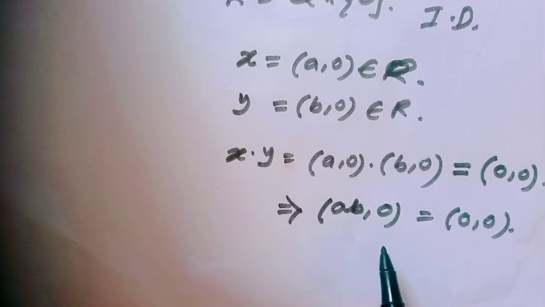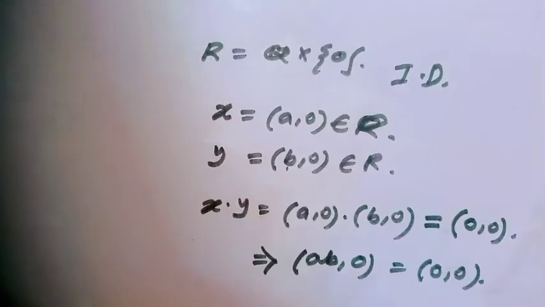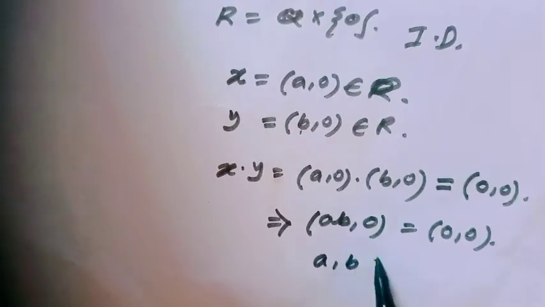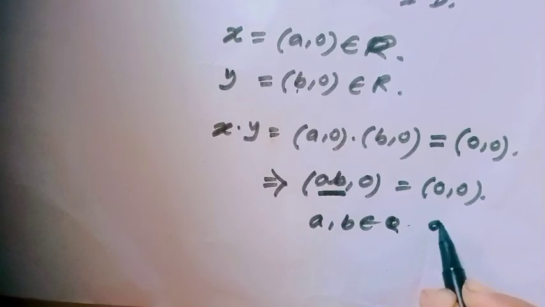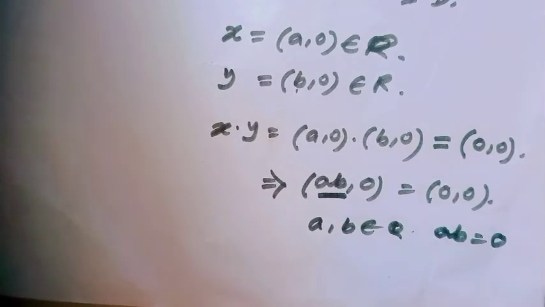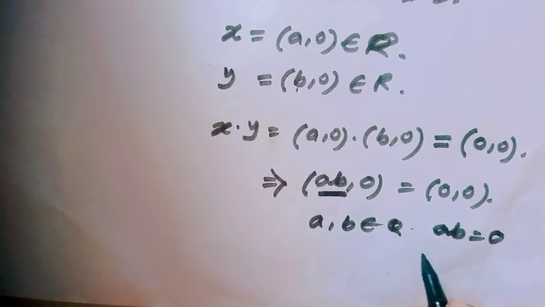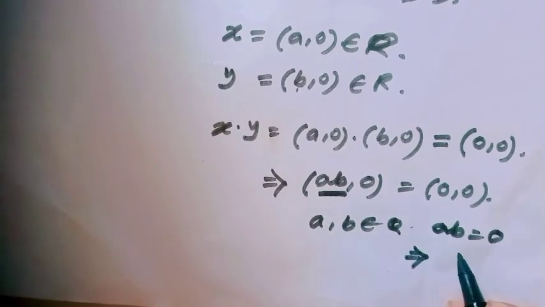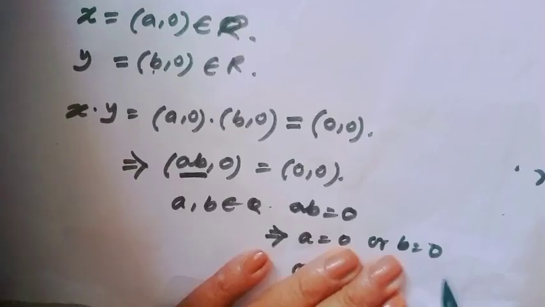Here notice that since a and b are members of Q, ab equal to 0 means, since Q is an integral domain, that either a equals 0 or b equals 0 or both.